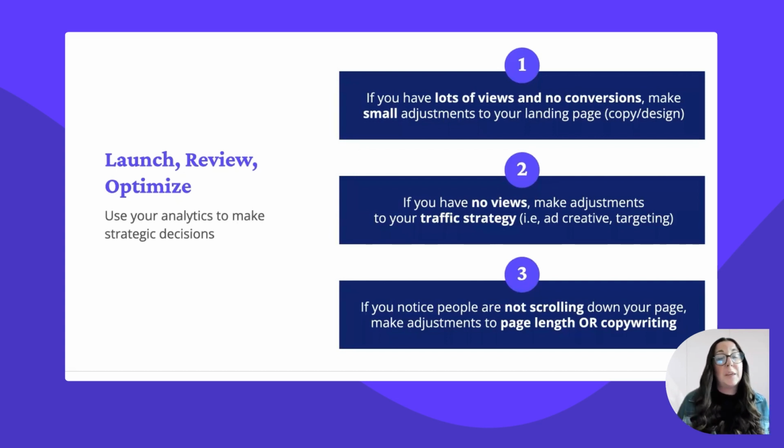If you notice that people are not scrolling down on your sales pages, adjust the page length, add in visual entry points, utilize your knowledge in copywriting and make adjustments. Read your copywriting. This is a side note, but read your copywriting through the eyes of your audience. It's super important to do so that you can catch things before you launch it in the first place.